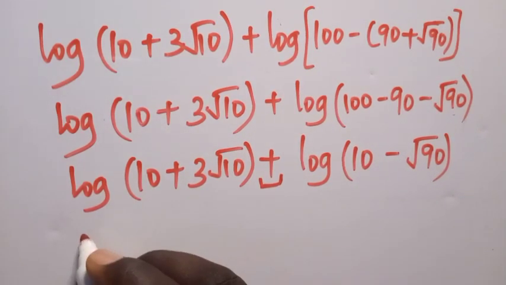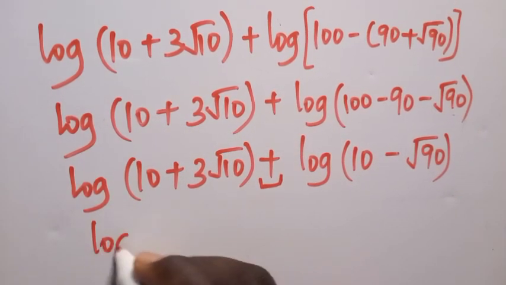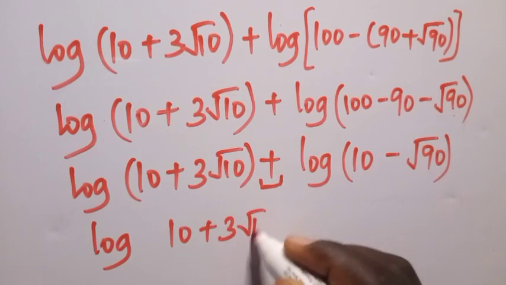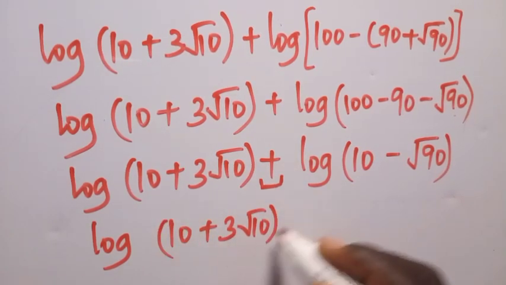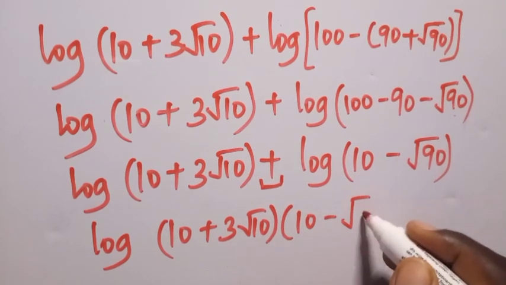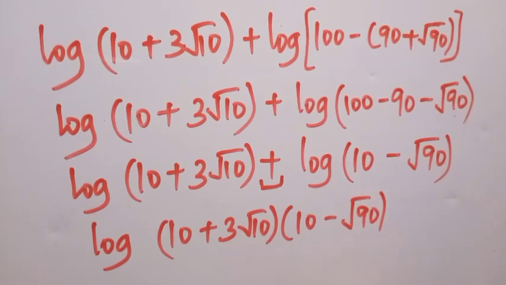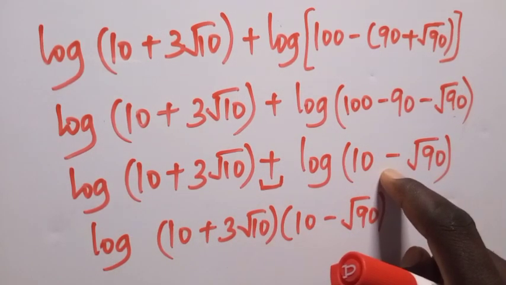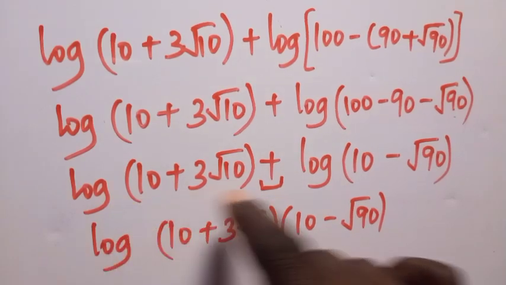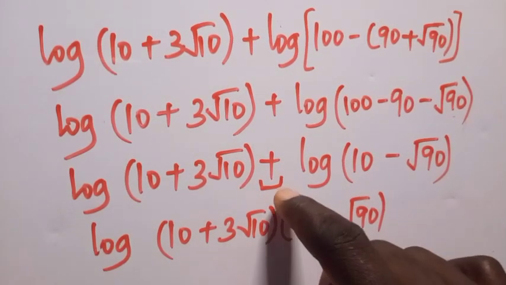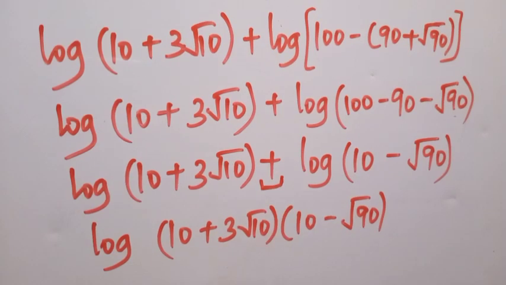And therefore, we shall have the logarithm of (10 plus 3 root 10) times (10 minus root 90). We have combined these to be a logarithm of a single number, since they are of the same base and there is an addition sign in between.